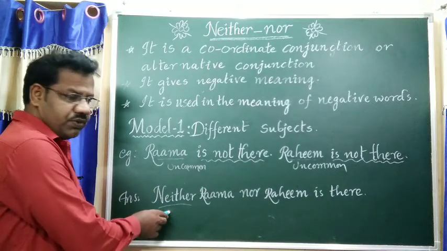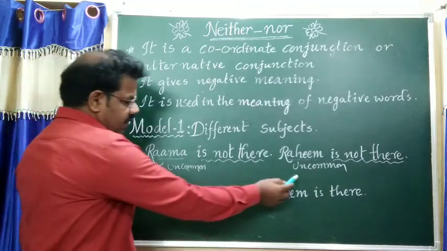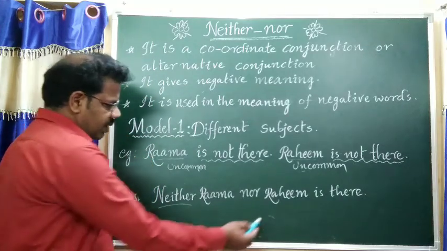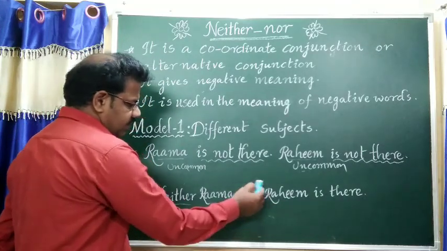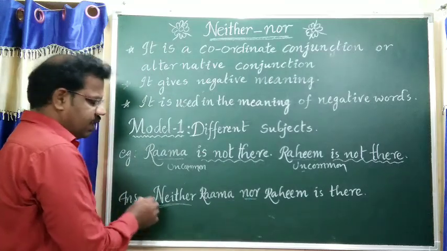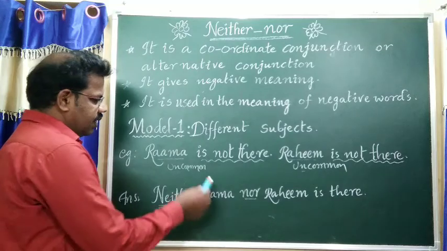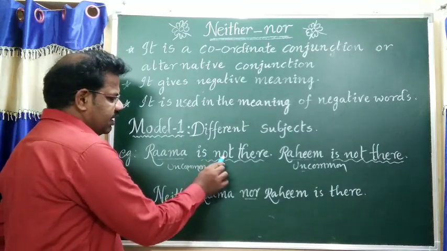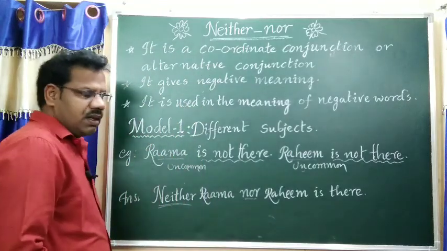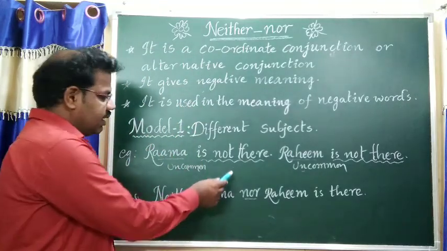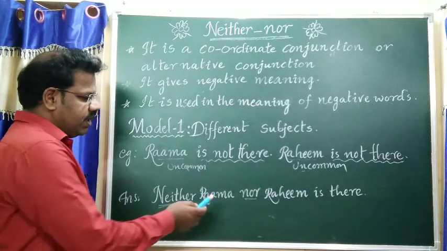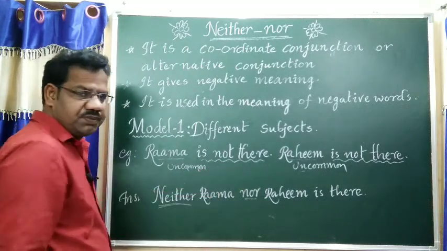Rama is an uncommon word, and Rahim is also an uncommon word. Before the uncommon word, we have used nor. Here, neither. Remaining words, what are those? Is not there, is not there. The meaning of not is given here: neither nor. The meaning is equal to not.